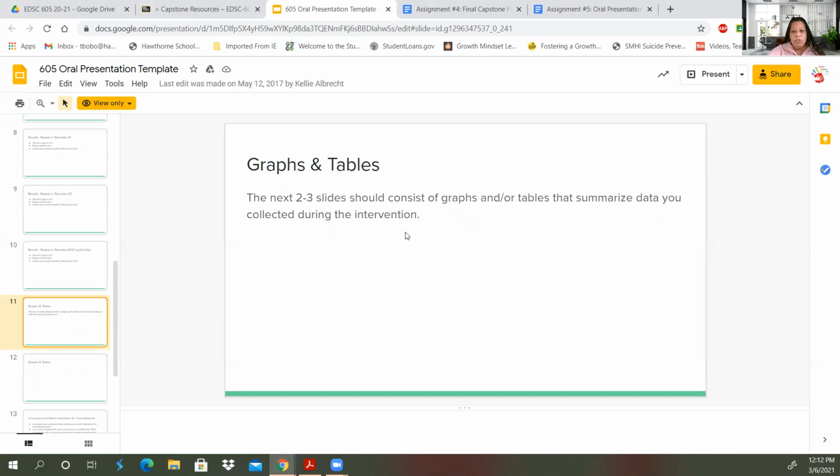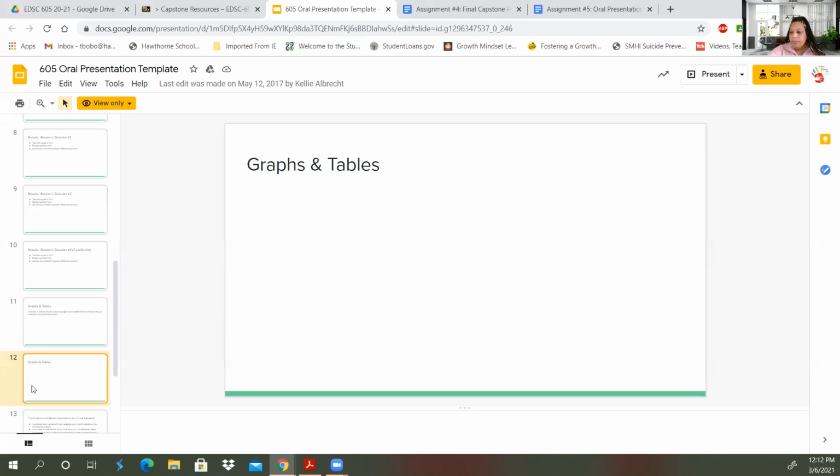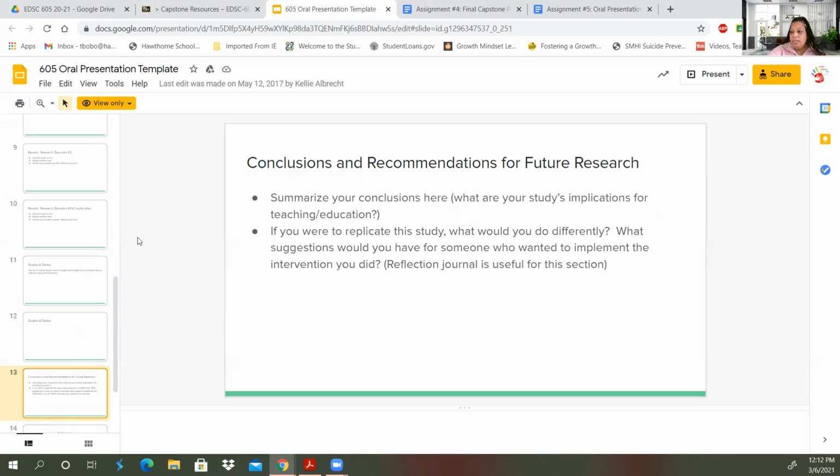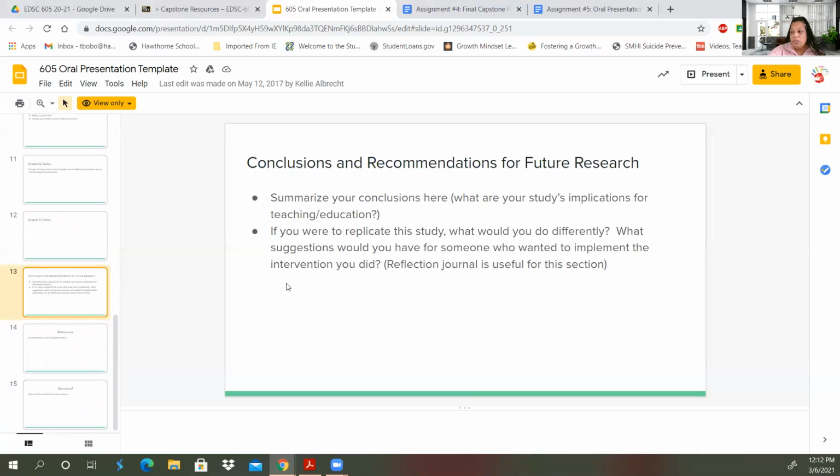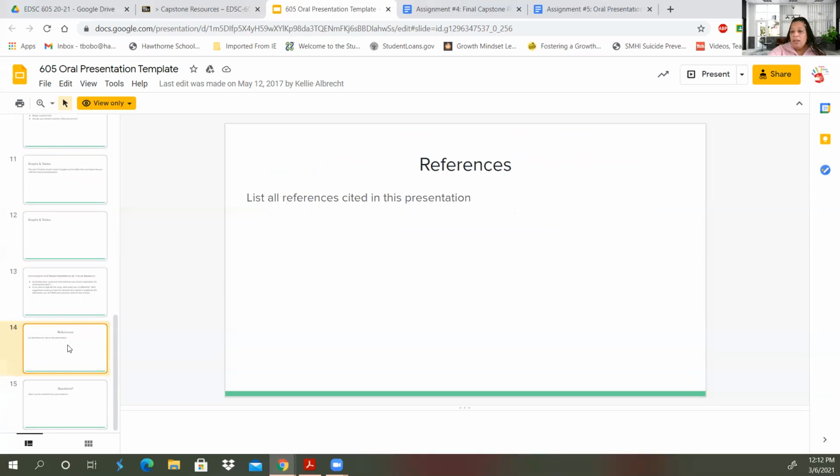If you didn't, you would use the graphs that maybe you created by analyzing the data from your literature review. And then slide 13 is the conclusion and recommendations for future research, summarizing your conclusions and what you would do differently there. Your references are slide 14, and then any questions.